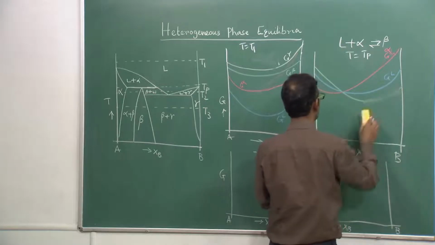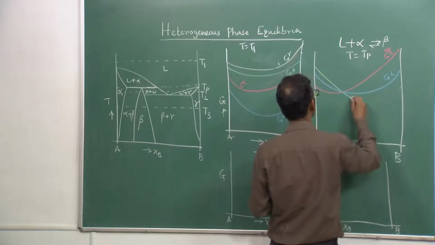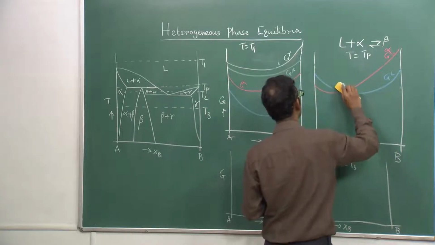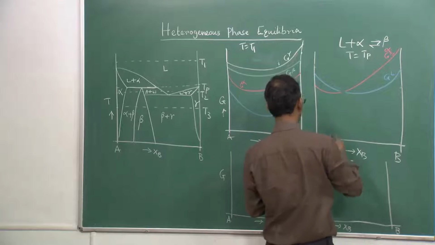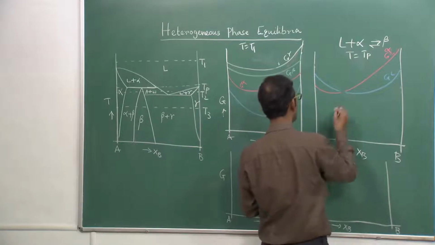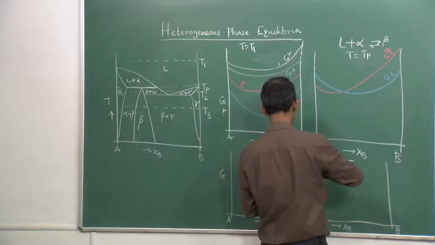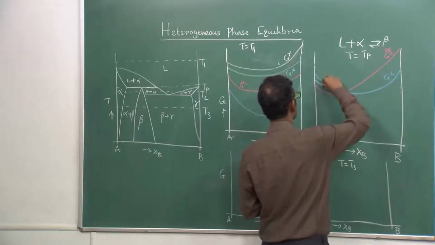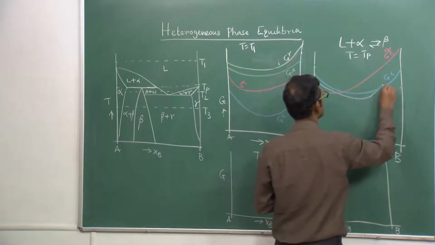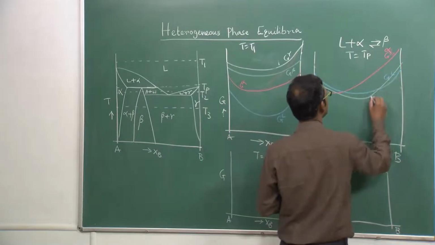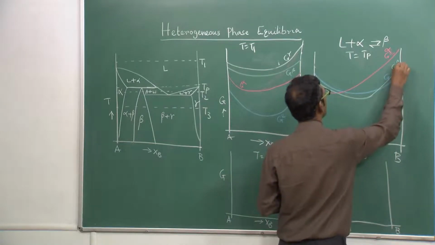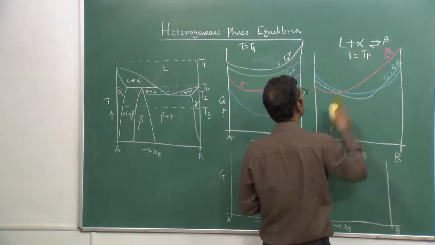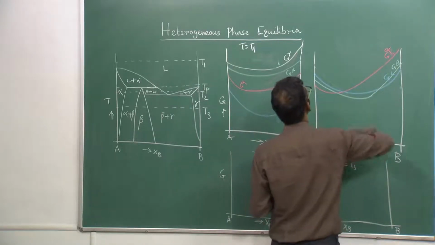Oops. This will be, no, this will not cross over here. Okay, so this is G beta and G gamma as usual will be above.